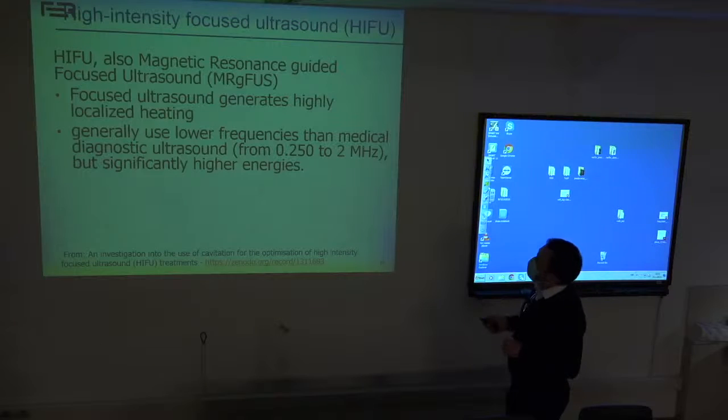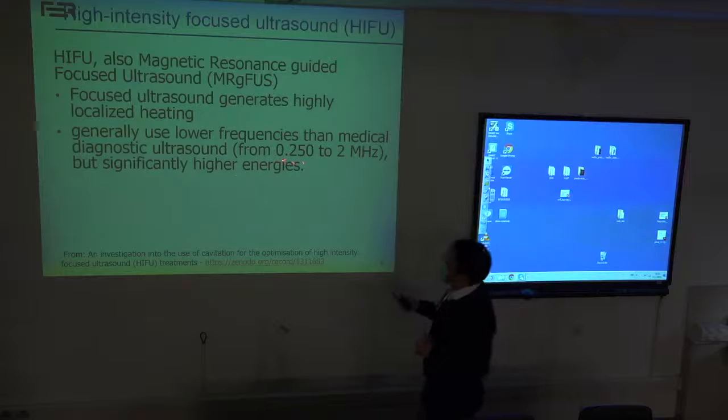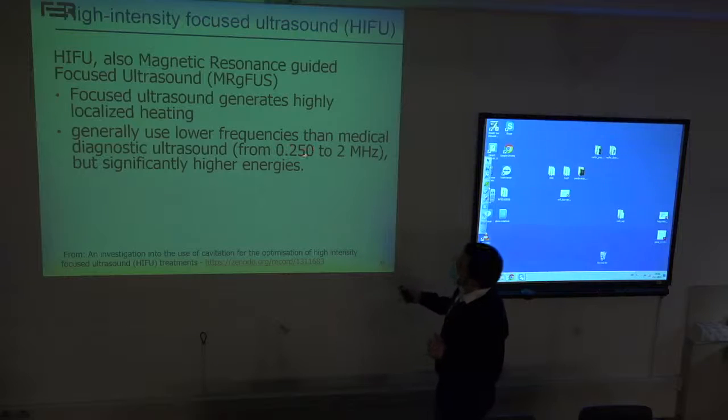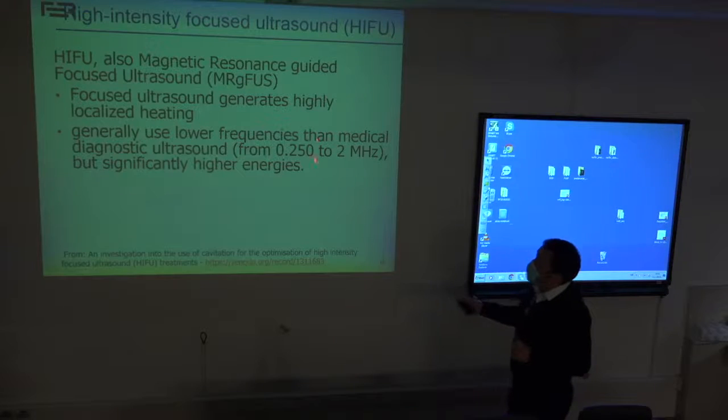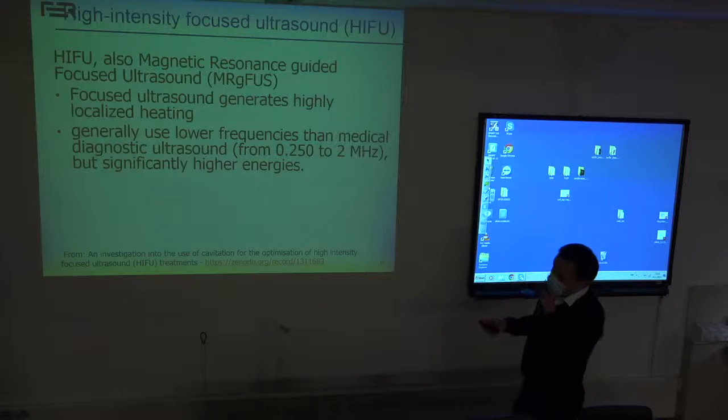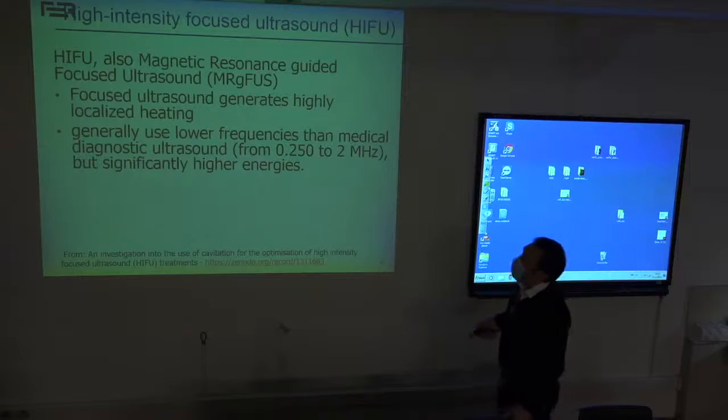So, it's here. You see here also the frequencies that are used for diagnostic ultrasound in these cases are relatively low, 250. This is like 250 kilohertz to 2 megahertz. In the diagnostics today, we go to 20 megahertz for the ultrasound.